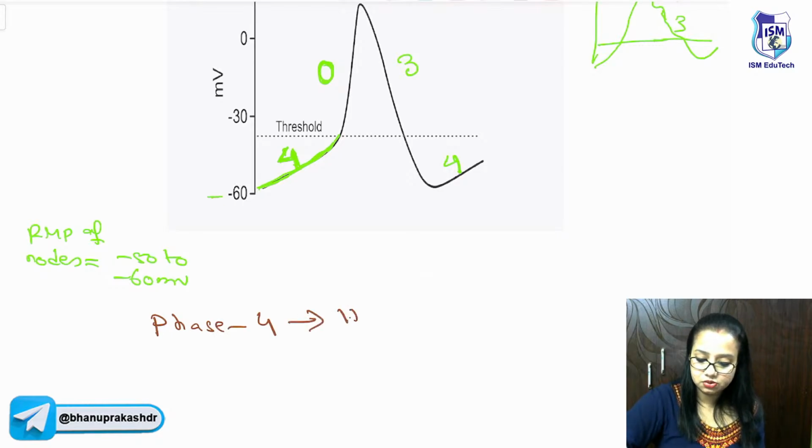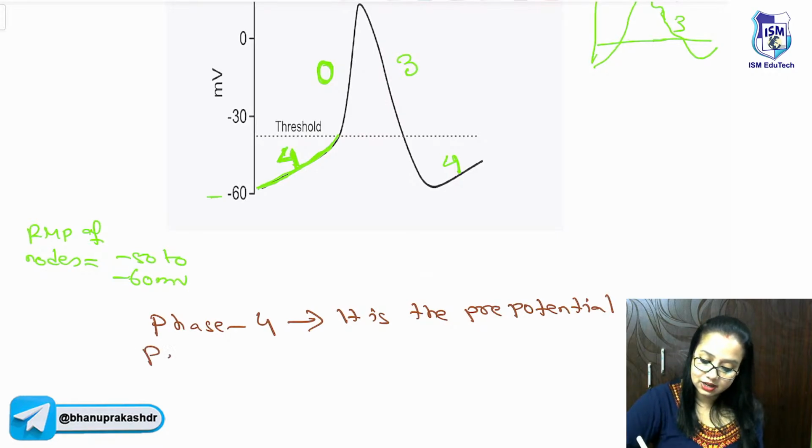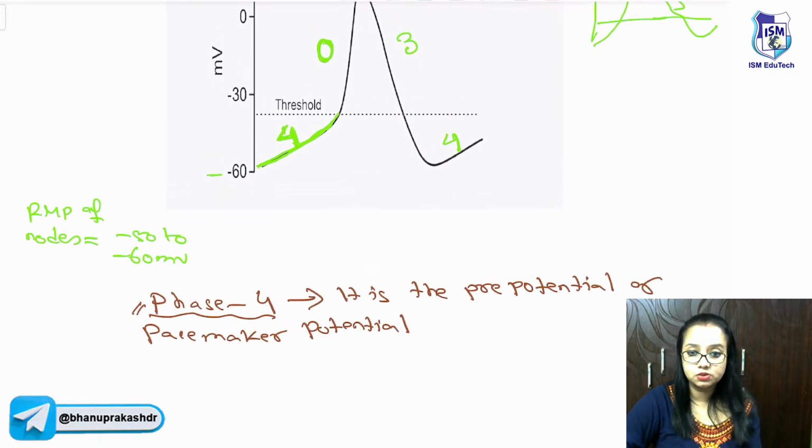Now phase 4, it is the pre-potential. It is also called the pacemaker potential.